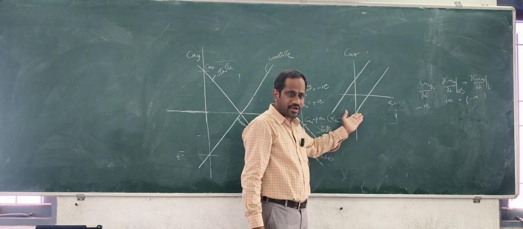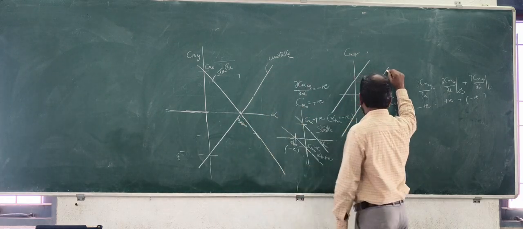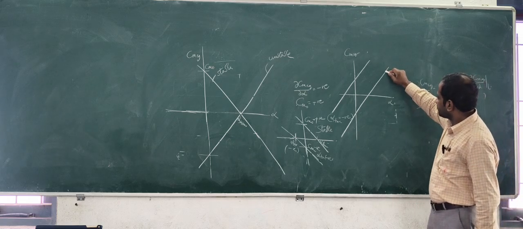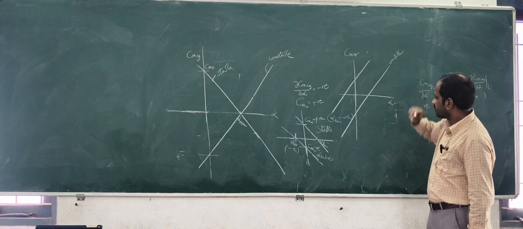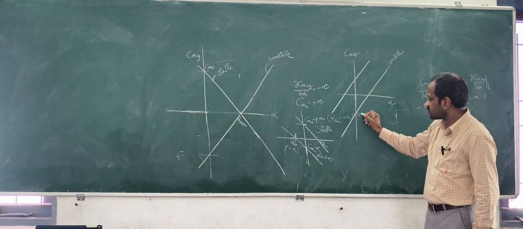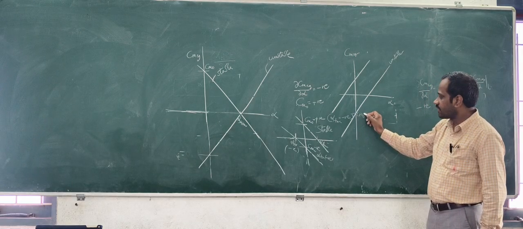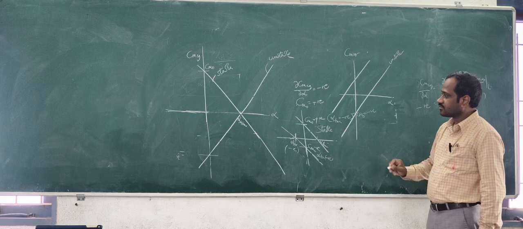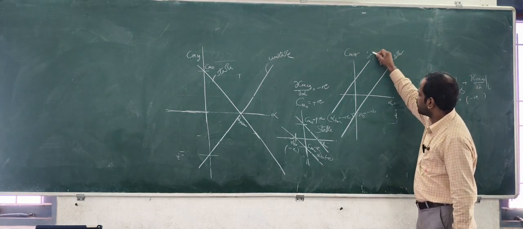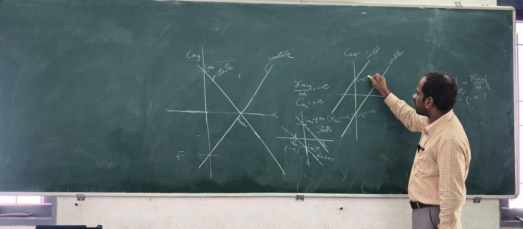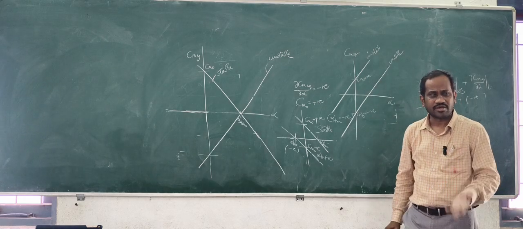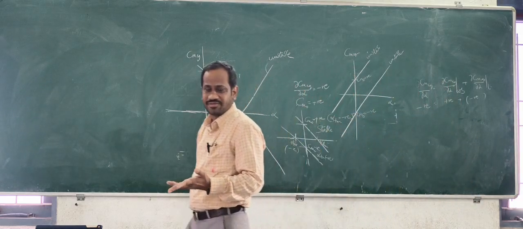Stable or unstable? Unstable. Cm naught is negative, unstable. Cm naught is positive, it is unstable. Whether Cm naught is positive or negative, how does it matter? The only thing is stability.